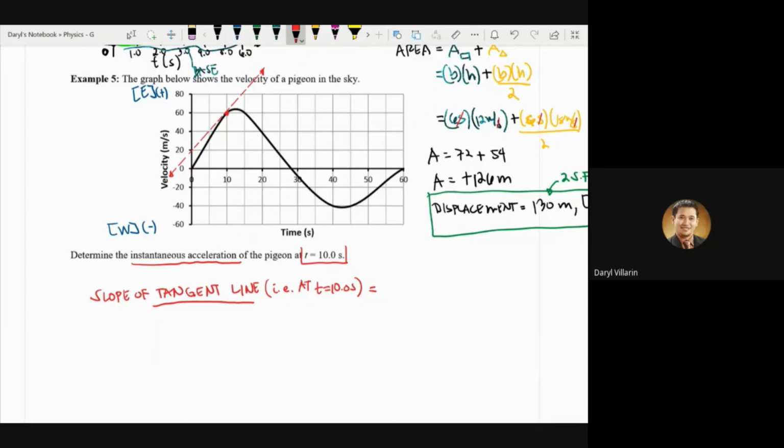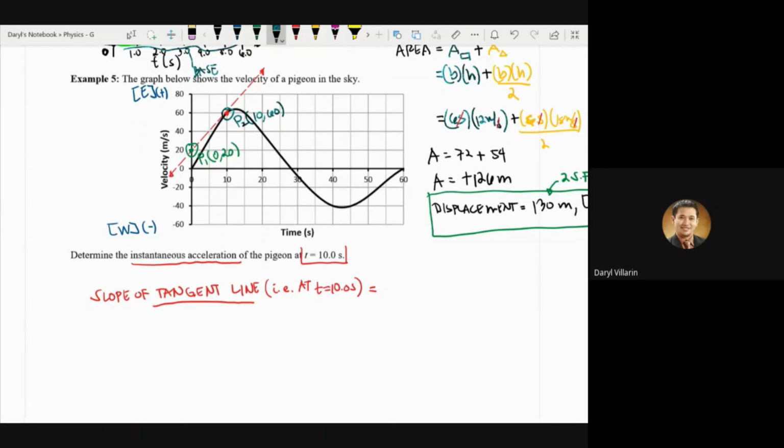In this slope calculation, I'm going to decide first on 2 points from that particular line. Let us say I make this one my P1. It's close to 20, so I'm just going to use 20, so 0 and 20 there. And then my P2 would be 10 and 60.